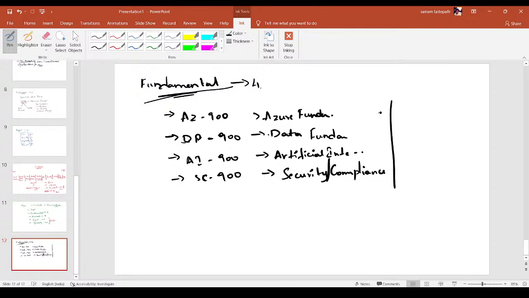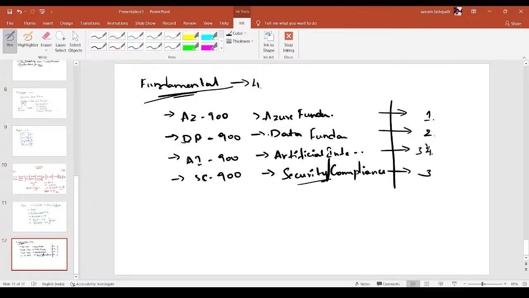So let's prioritize these four things. What is the priority of this one? Initially you need to start with Azure Fundamentals, then go with DP900. If you have any project related to security and operations, go with SC900, and finally go with AI900.